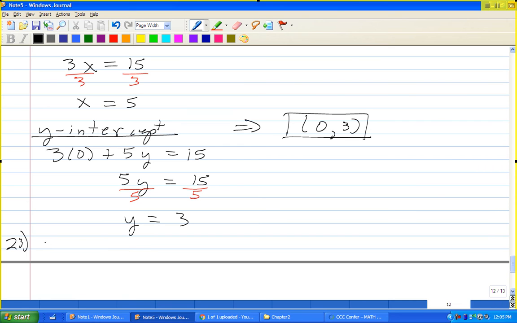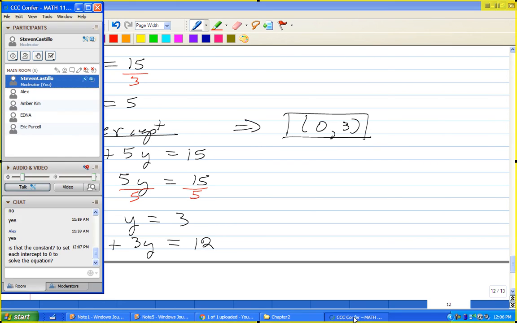Negative 4x plus 3y equals 12. Okay, so let's be consistent.